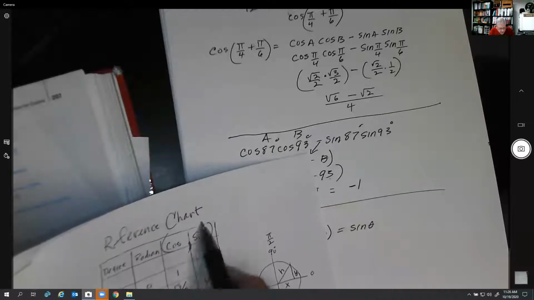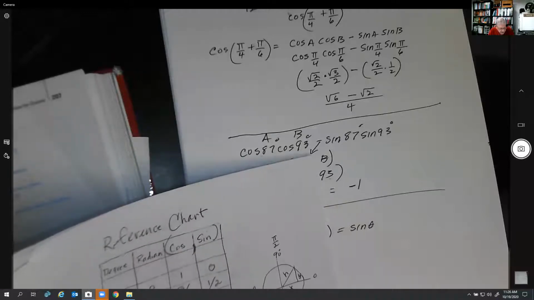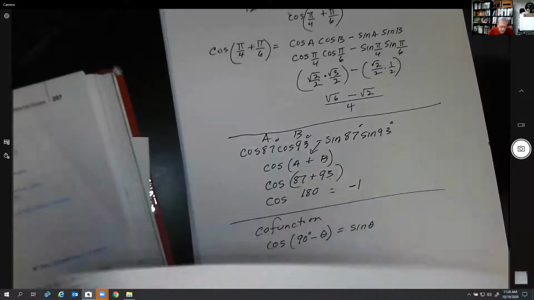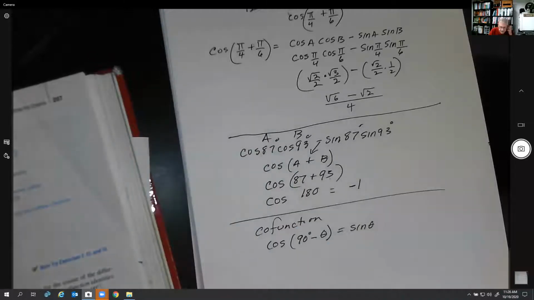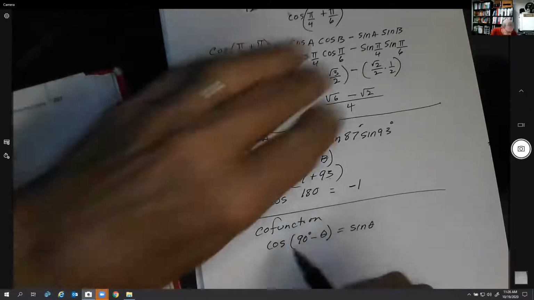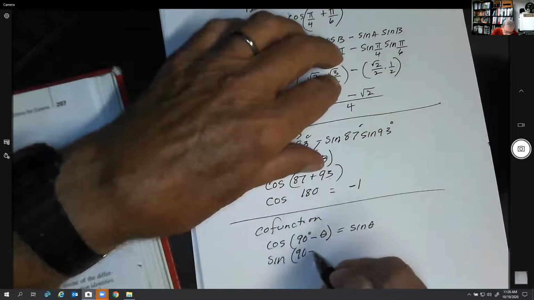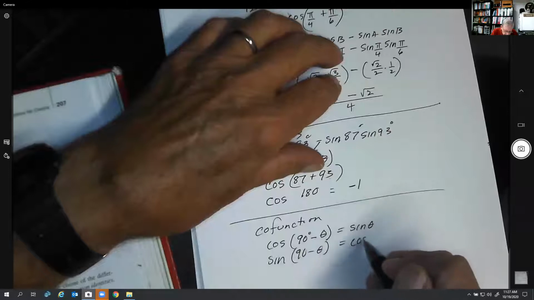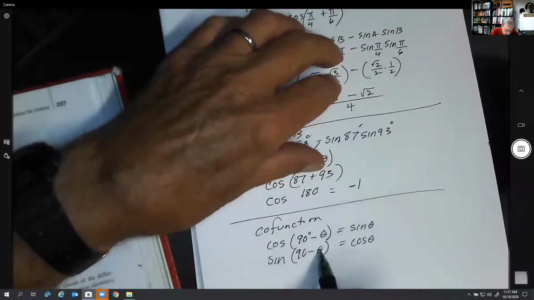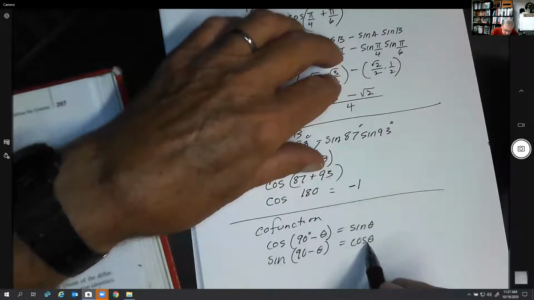And this is weird because I have the cosine coming first and then the sine. I don't like that, but it's not a good reference one. That's what it means. Okay, and vice versa. Sine of 90 minus theta, whatever theta is, that would be the cosine of theta. So if this was a 60, then this would be a 60.